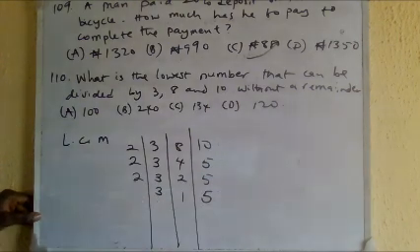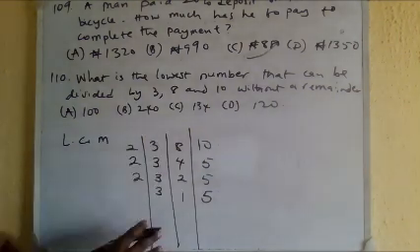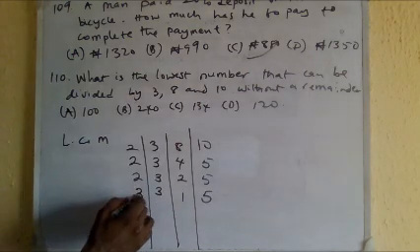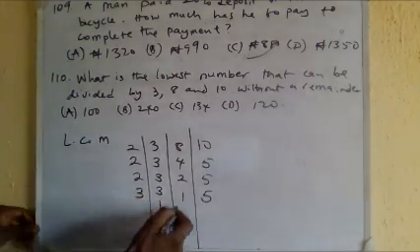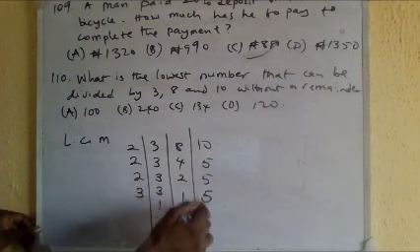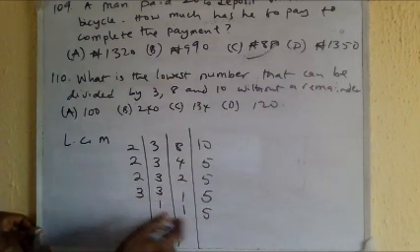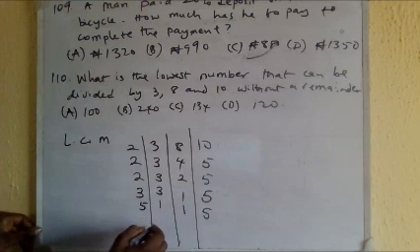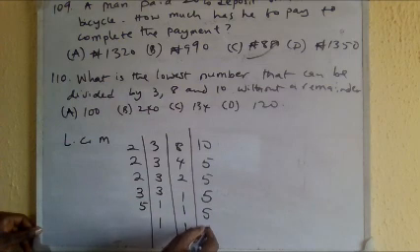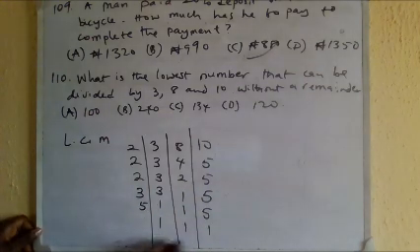So I'm done with the 2s. Next I'll go with 3. 3 can go into 3 1 time. This one is already 1. 3 cannot go into 5, I retain 5. So I'm done with 3, so I'll go with 5 now. 5 goes into 5 1, and here 1. So I'm done. There's no other number that can go into them again.